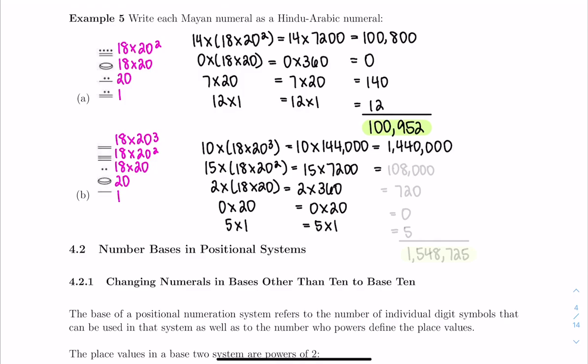That's 108,000. 2 times 360 is 720. 0 times 20 is 0, and 5 times 1 is 5. And so now we want to add it all together. And so we end up getting 1,548,725.